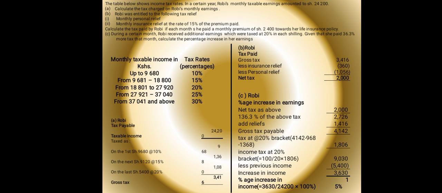Now, Robbie's earnings increased. So you just go straight away to the bracket in which they increased. That's the bracket of 20%. So the increase is calculated as a bracket of 20.